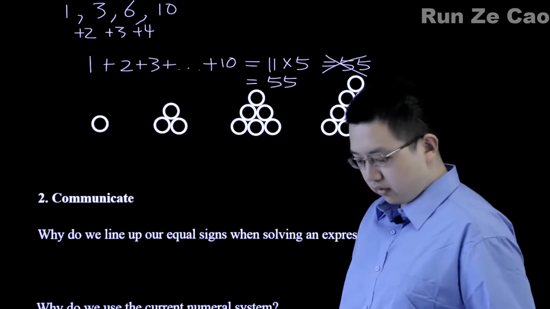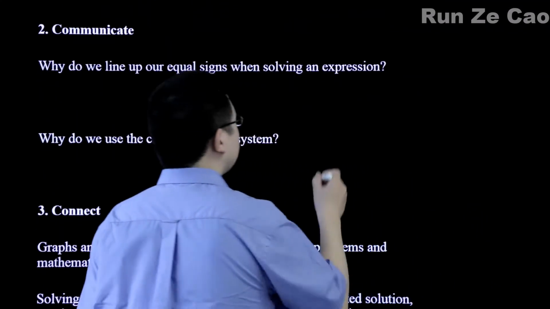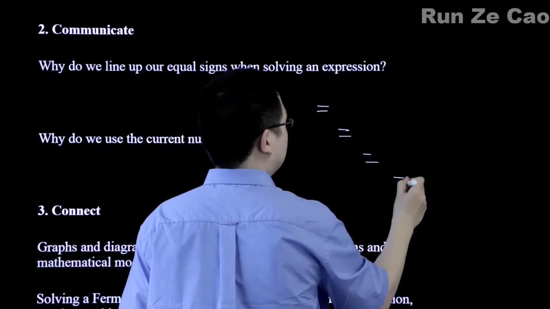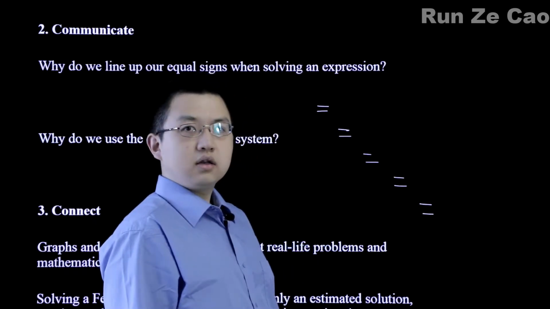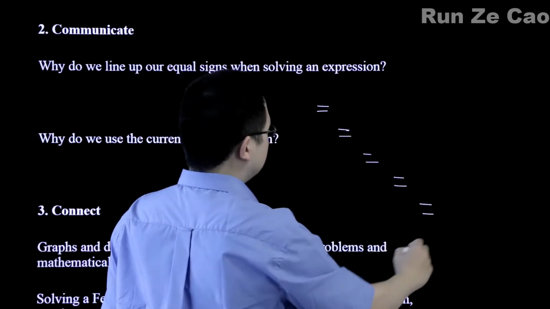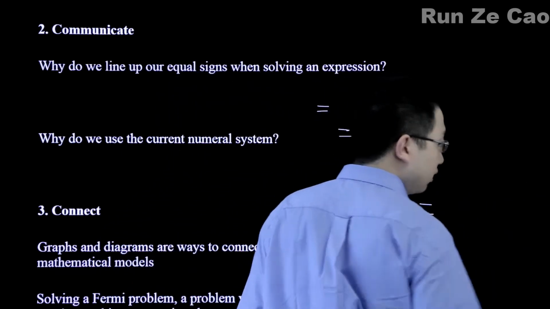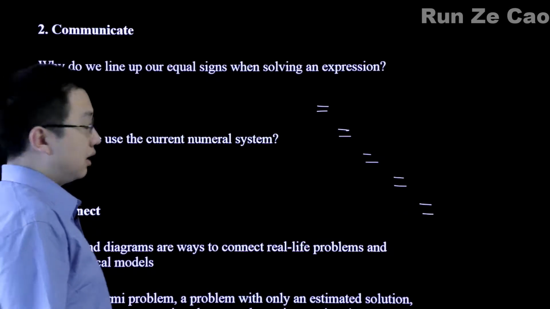Well, can you imagine solving a problem where we end up with this? This is a little awkward, right? To trace the progress of a problem down a page, especially if you have several columns. Yeah, it is a bit awkward.